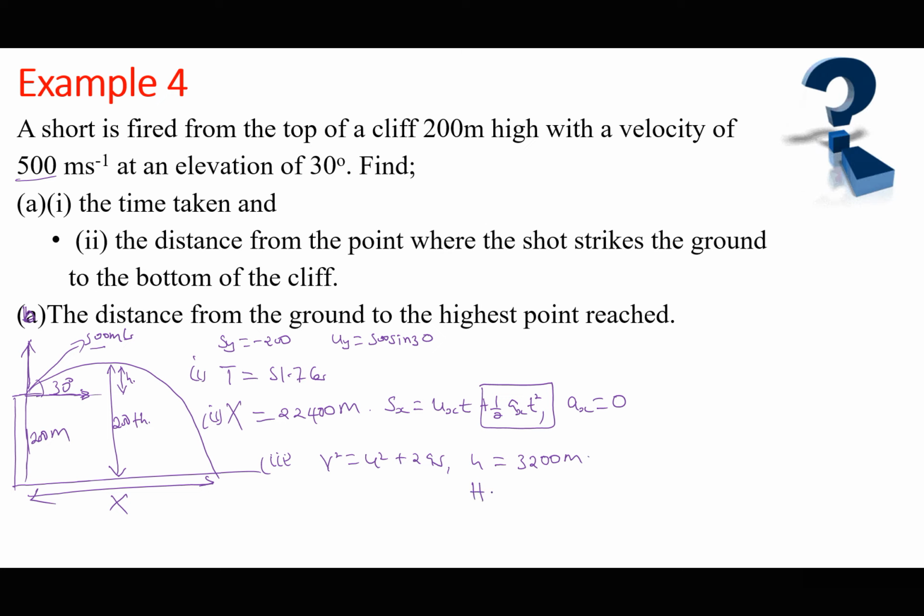And I expect to find the maximum total distance to be 200 plus 3,200, which should be 3,400 meters approximately. So try to follow from example 3 and see if you get the same answers that I've got in example 4.